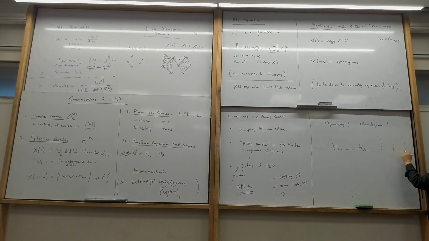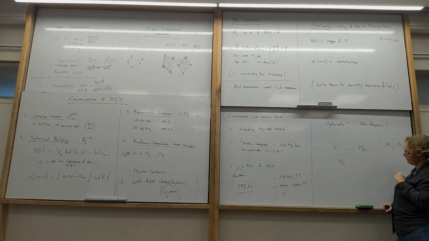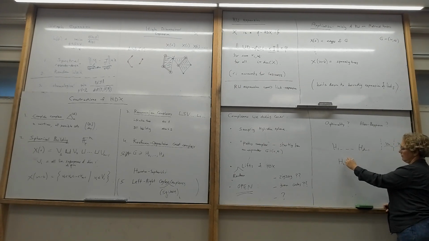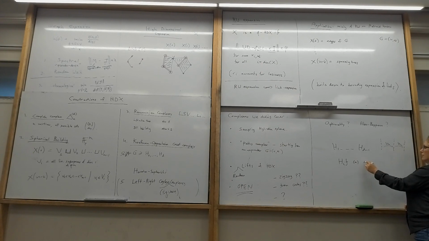They are defined like this: if you want the precise definition, H_i of a function f at a vertex x is the sum of all f(y) over the neighbors y whose color is the color of x plus i. So the coloring of y is the color of x plus i, maybe mod d or something.